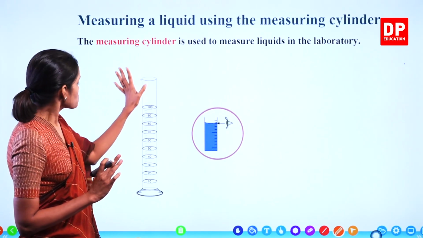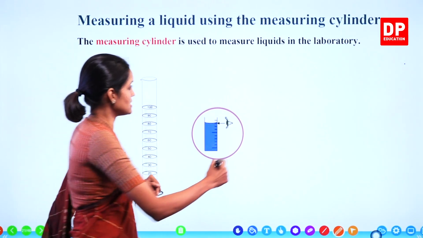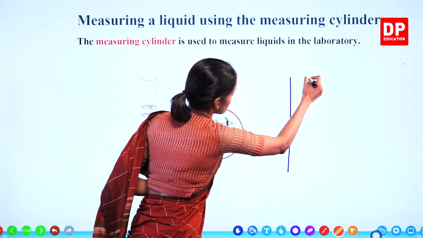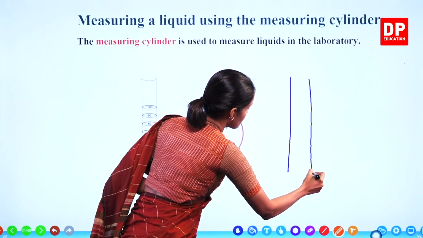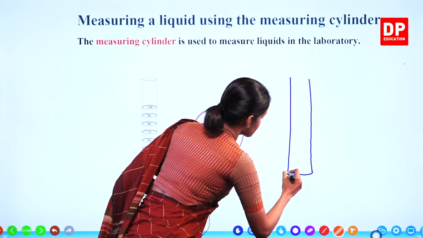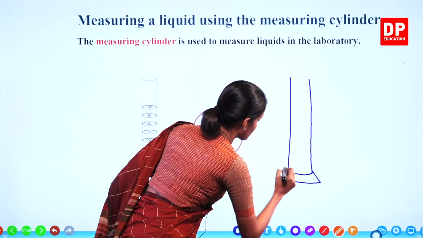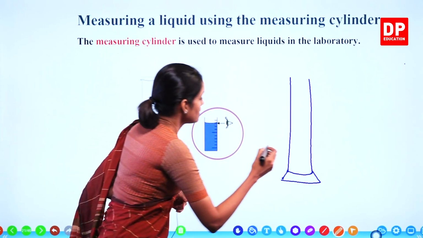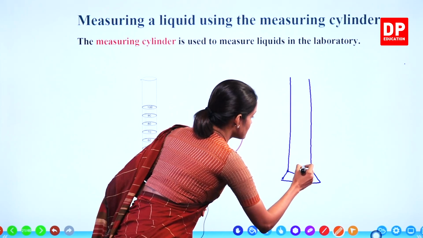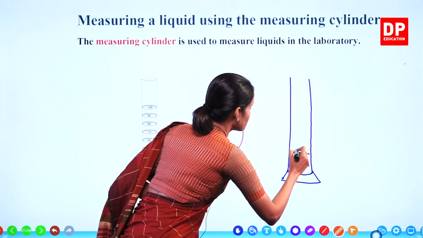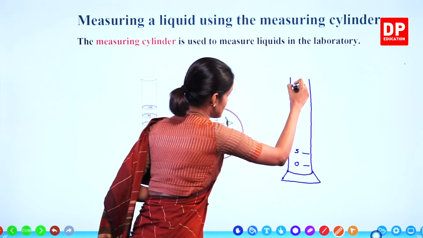Understand, children? So, if we take the measuring cylinder, I will draw it like this. Something like this. Okay. Right? And I will mark here 0, 5, and this is, we'll say, milliliters.